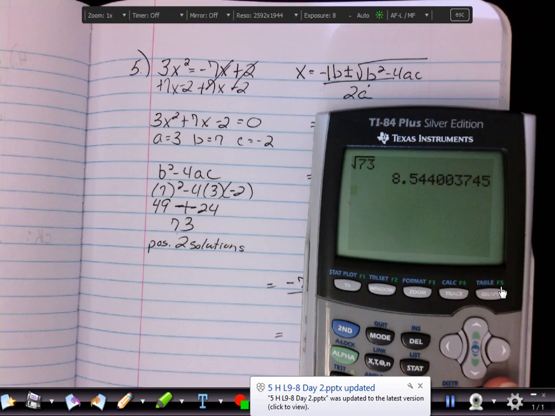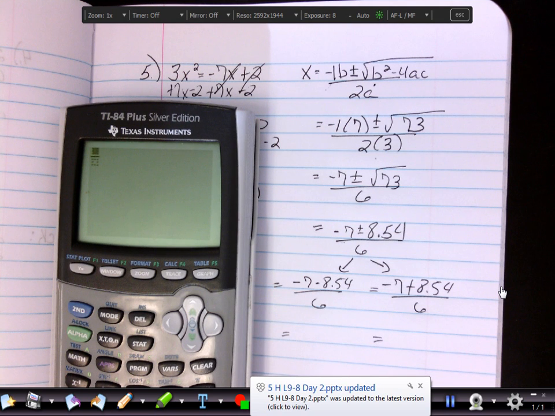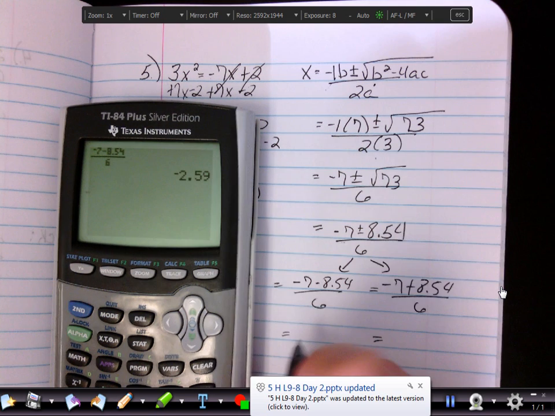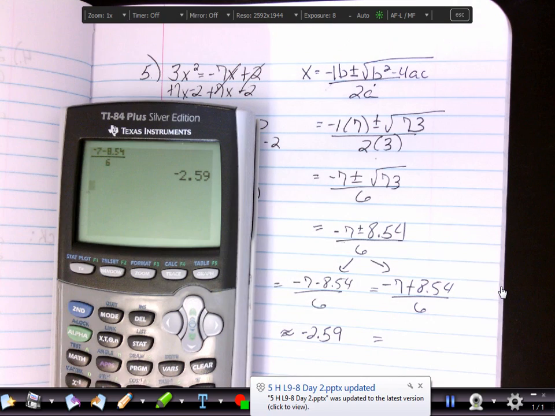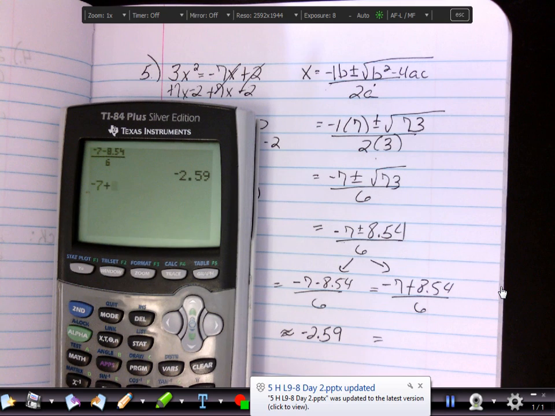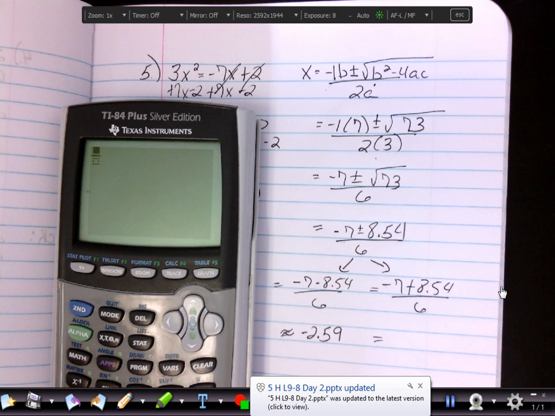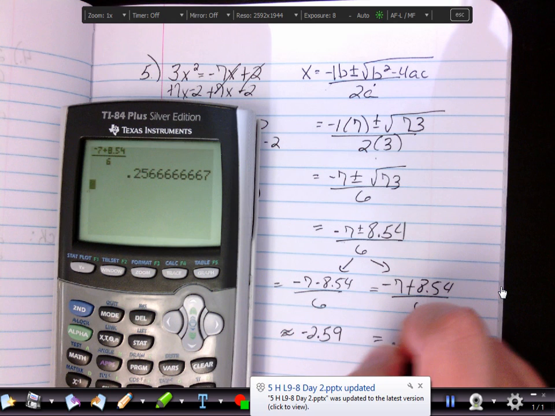Okay, and again, I'm going to plug this in my calculator. I'm going to use my alpha y equals. And I'm going to say negative 7 minus 8.54 over 6. And it's going to tell me that it's approximately negative 2.59. Then I'm putting in the other one, negative 7 plus 8.54. Whoops, I forgot my alpha y equals. Negative 7 plus 8.54 divided by 6 tells me that it is approximately 0.26.